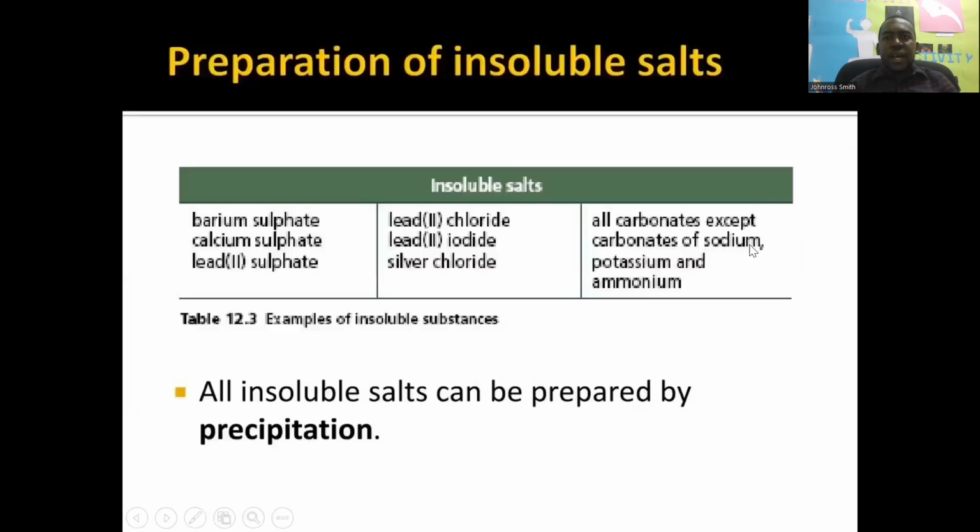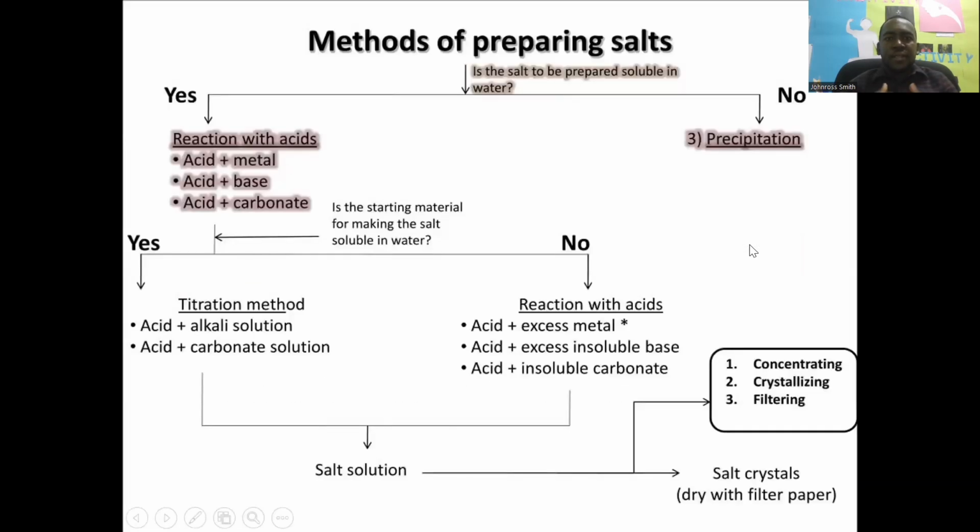Now, here we have the question: is the salt to be prepared soluble in water? If yes, if it's a soluble salt, then the reaction would be a metal with acid, a base with acid, or a carbonate with acid. Then we ask whether the starting materials for making the salt are soluble in water.